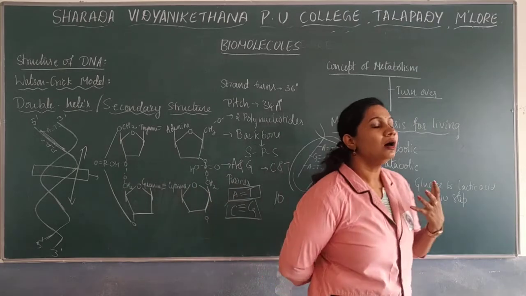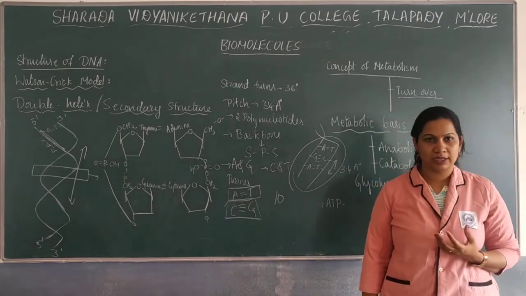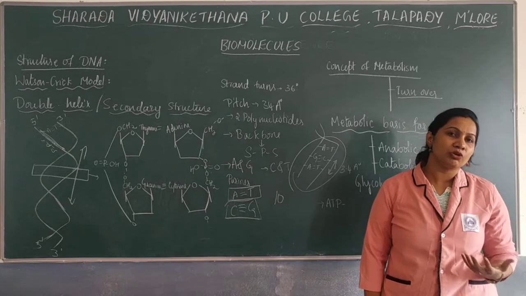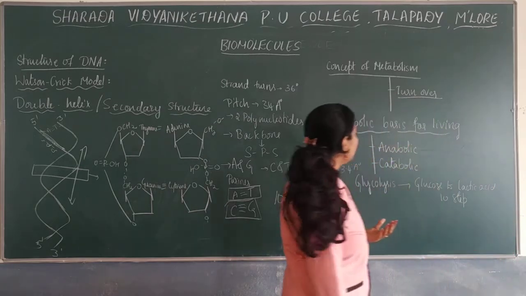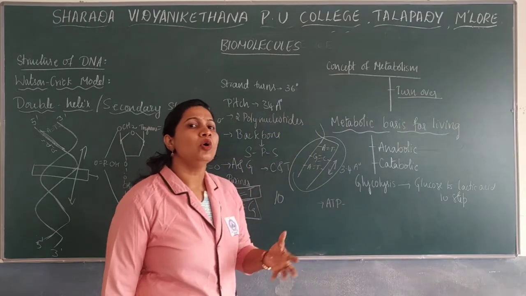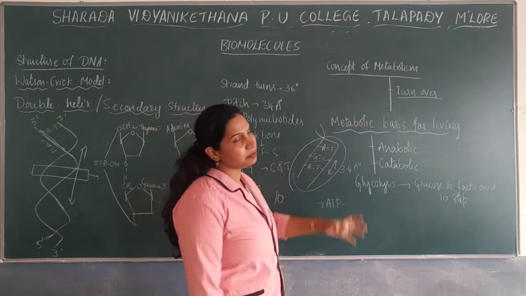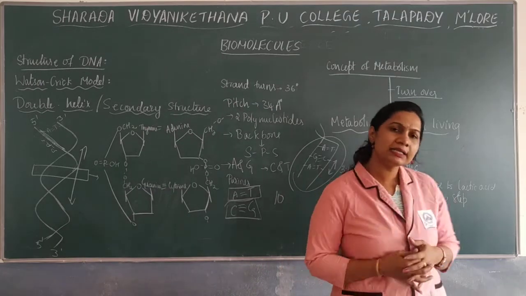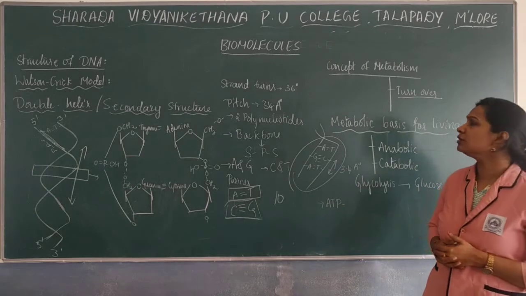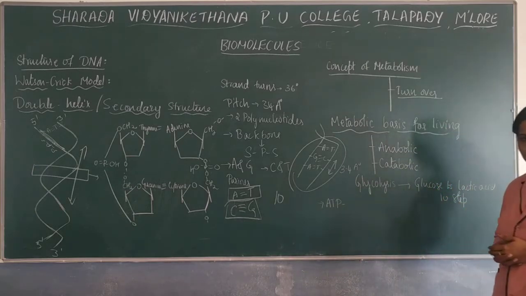For example, glucose is converted into glycogen, and glycogen is broken down again to form glucose. All those are turnover, and all the turnover together is known as metabolism.